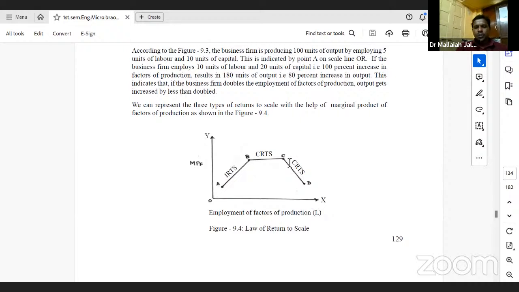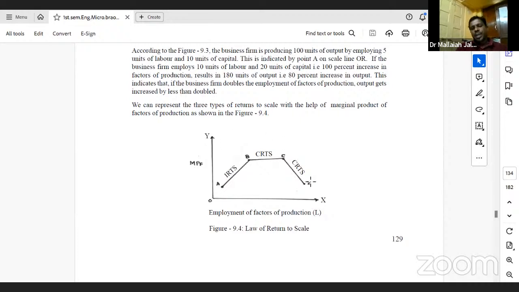Here B to C is constant because returns to scale is constant. The proportionate change in output due to the proportionate change in inputs is the same. That is why we are telling constant returns to scale.